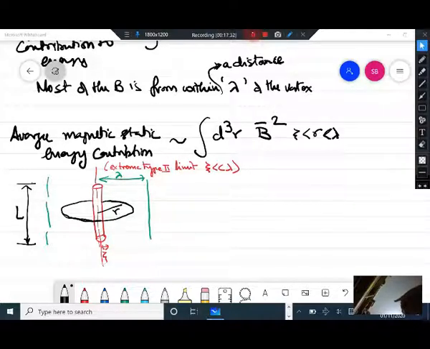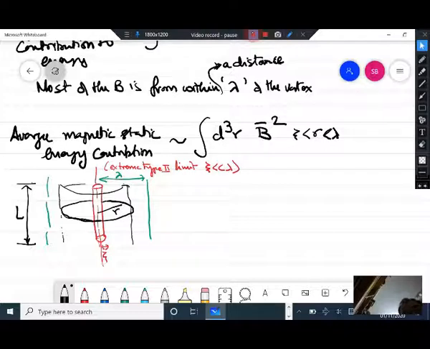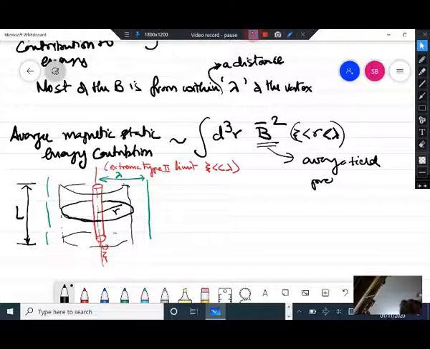Now if you want to calculate this quantity, it is integrated over this region extending over a length L of radius r. So this integral d cube r just represents integration over a cylinder of radius r and length L. And B square is the average magnetic field which is present over a distance lambda.